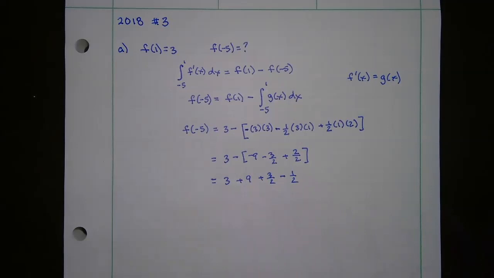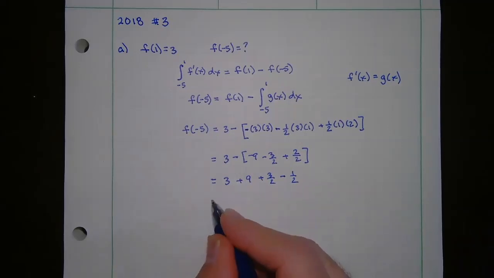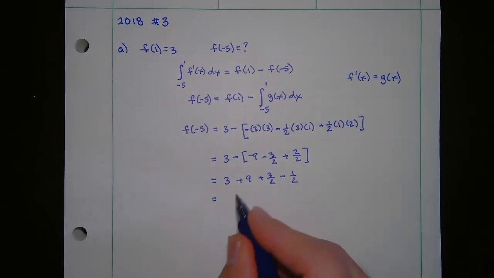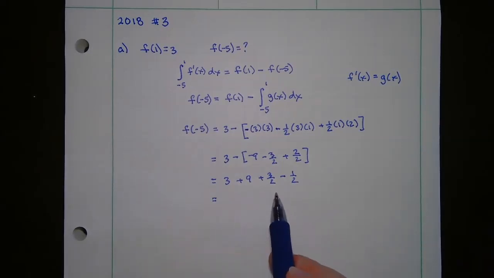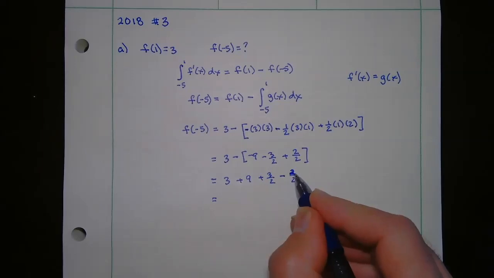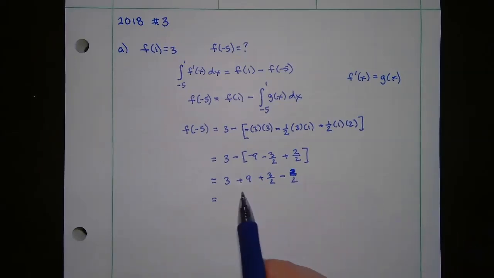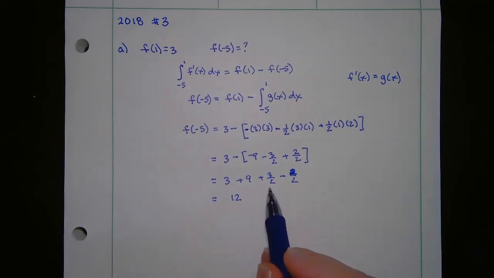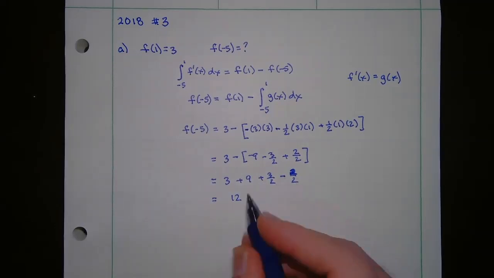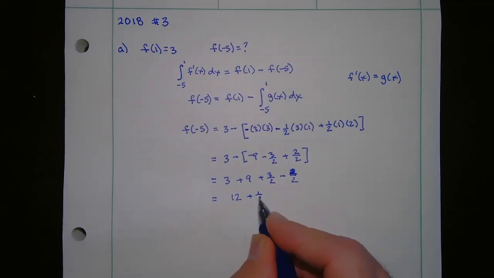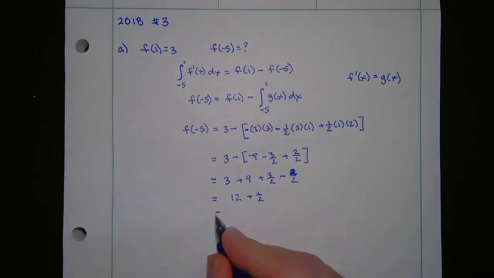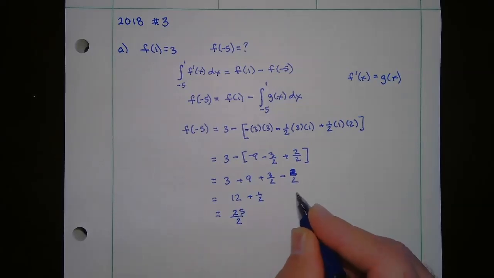If you stopped here on the AP exam, you'd be right. You can clean this up a little bit more. This should be 2/2, sorry about that. So this should be 3 plus 9, which is 12, and then 12 plus 1/2. That would be 25/2, because 12 is 24/2.